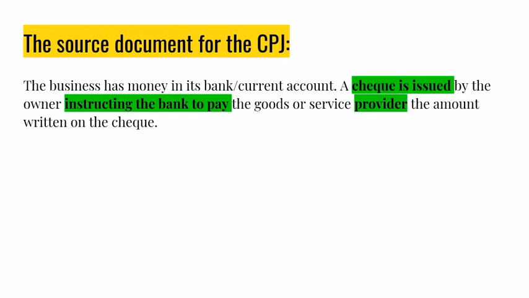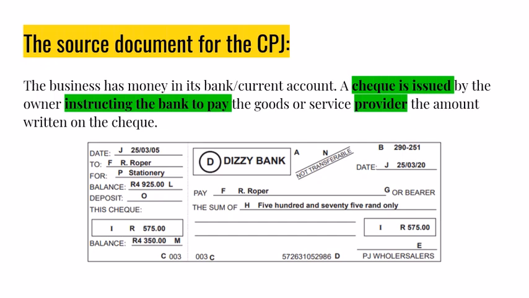Now, I want you to go and ask your parents if they've ever used a check before. Before bank cards were such a big thing and online banking, people used to have a checkbook that's associated with their bank account, and a check looked something like this.